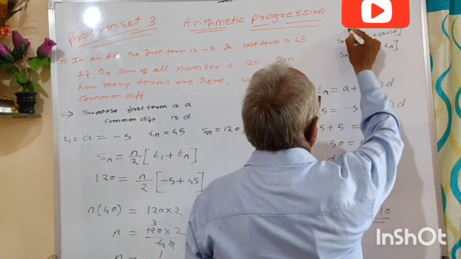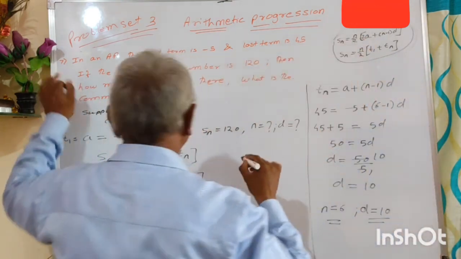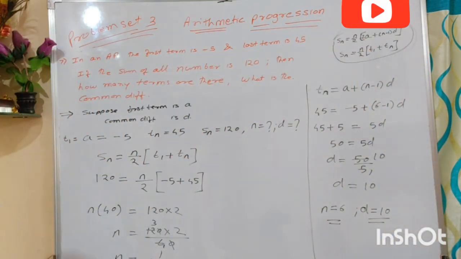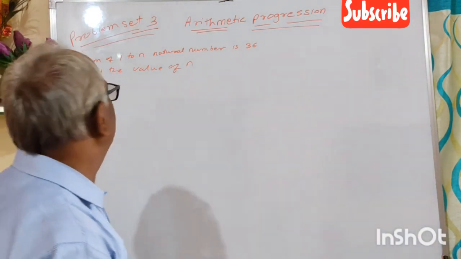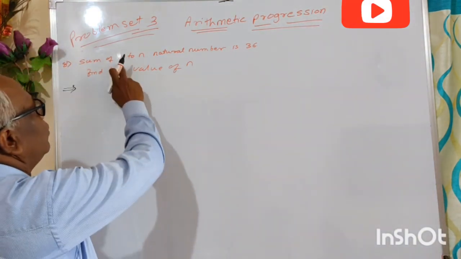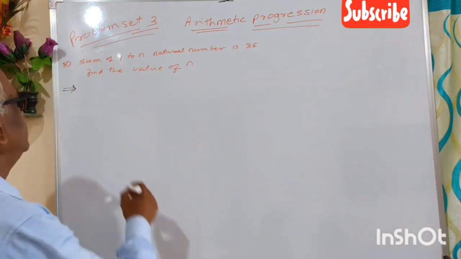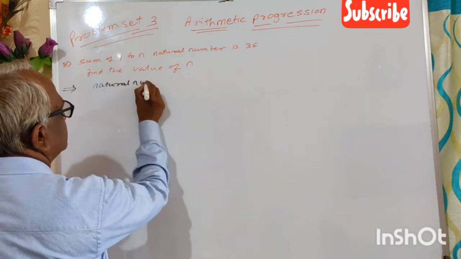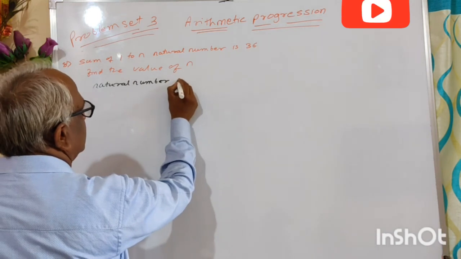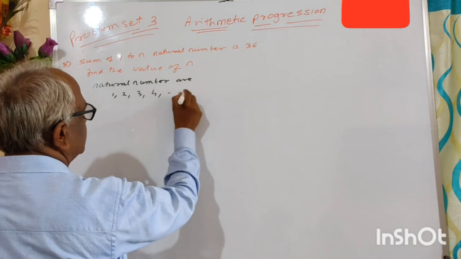This is example number 7, which we have completed here. Now the last example of this video: the sum of the 1 to n natural numbers is 36. Find the value of n. Now natural numbers are 1, 2, 3, 4, and so on.